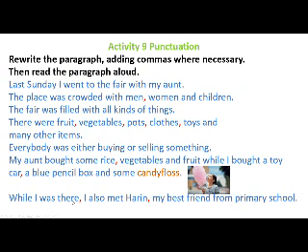While I was there, I also met Harin, my best friend from primary school. Here you can see the dependent clause at the beginning of this sentence. What is the dependent clause? While I was there.